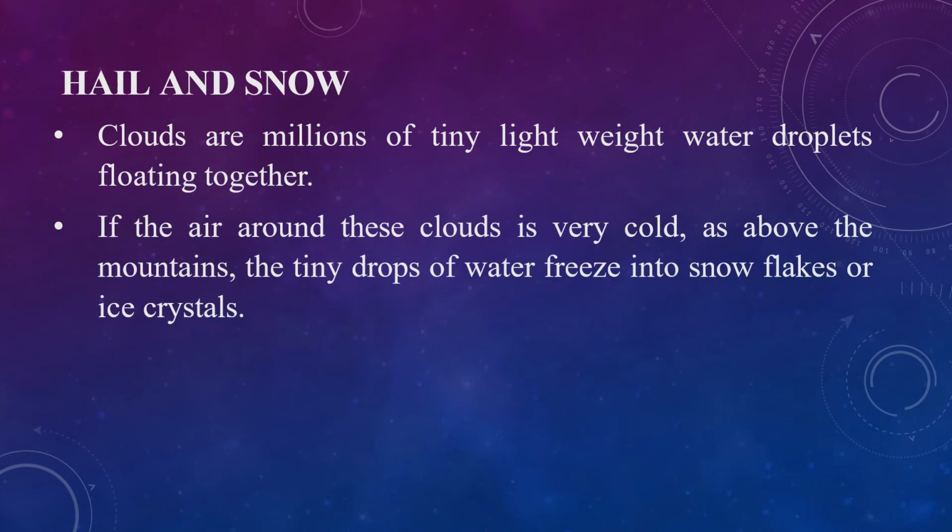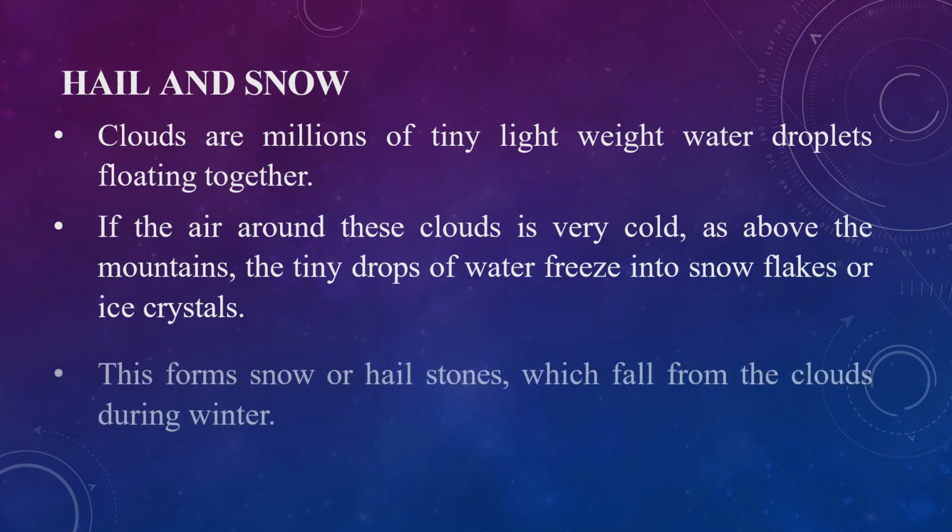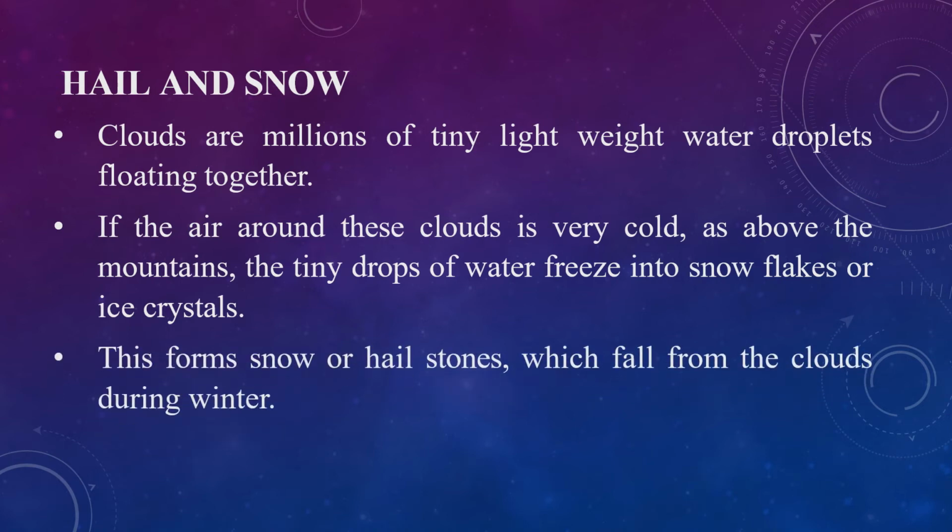And when the air around the clouds is very cold, as above in the mountains, what will happen? The tiny drops of water freeze into snowflakes or ice crystals. This forms snow or hailstones, which fall from the clouds during winter.